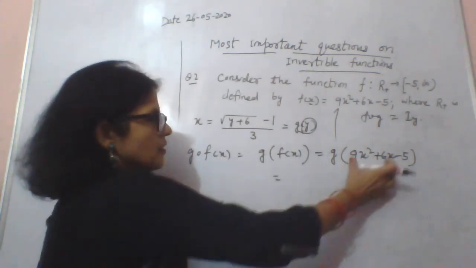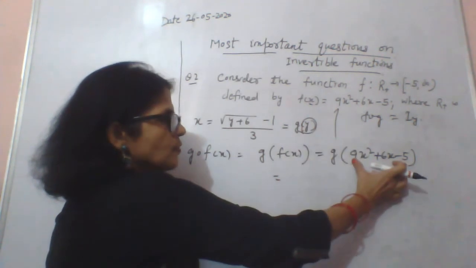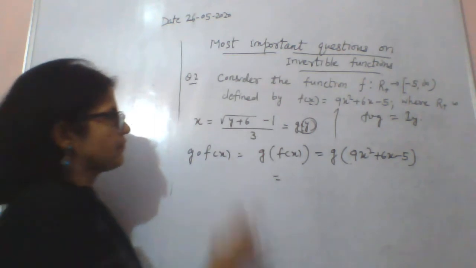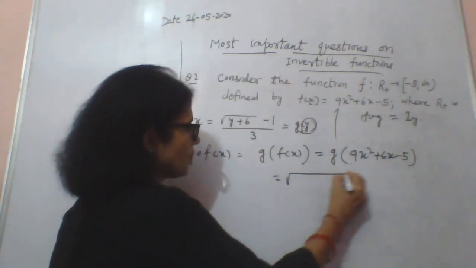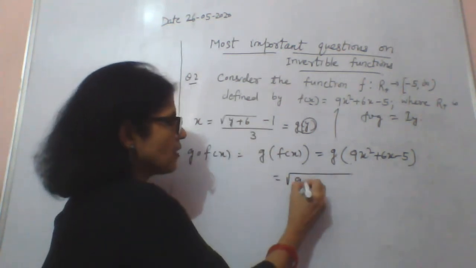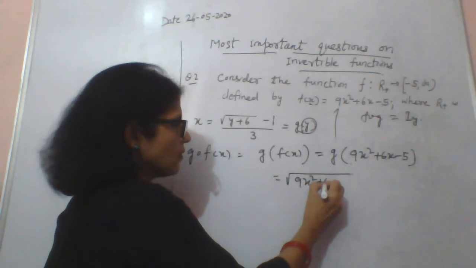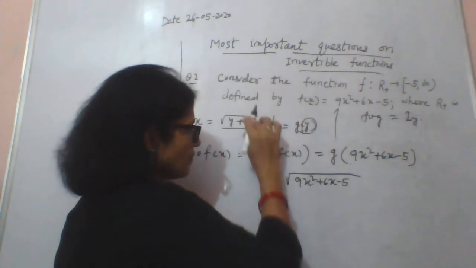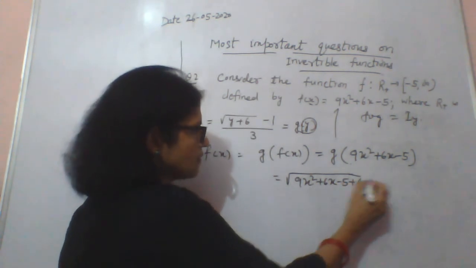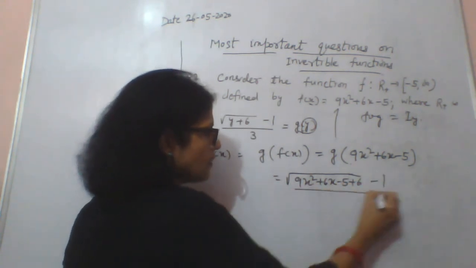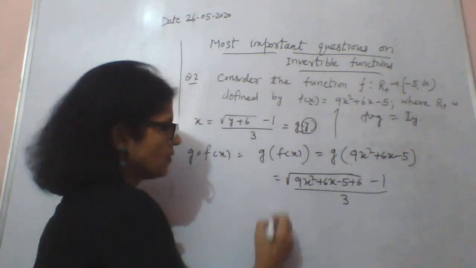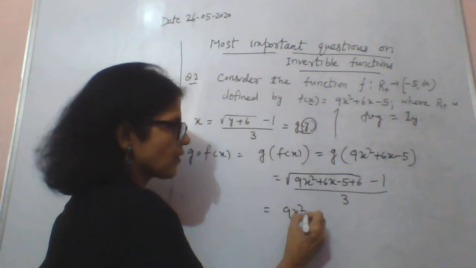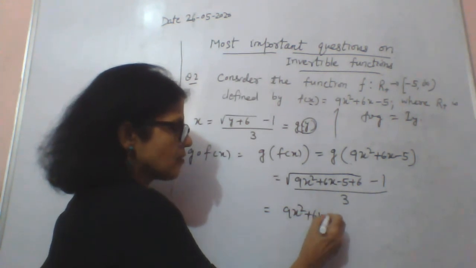It means in g(y), in place of y we are having 9x² + 6x − 5. So here it would be (under root (9x² + 6x − 5 + 6) − 1) divided by 3. It means you are getting here 9x² + 6x + 1.